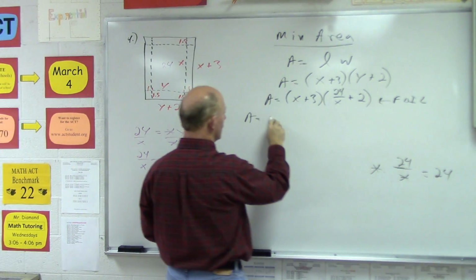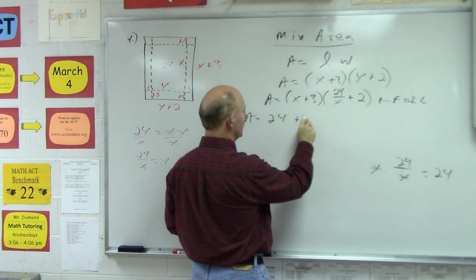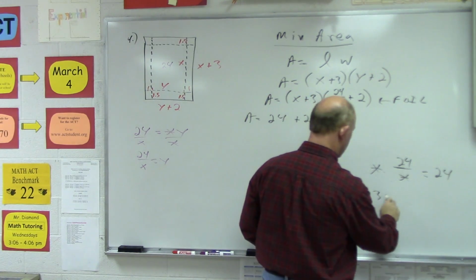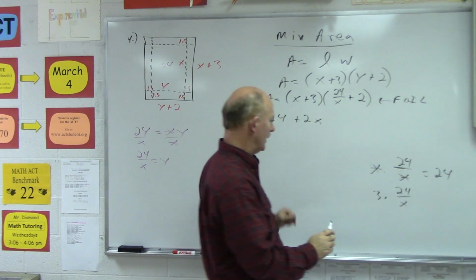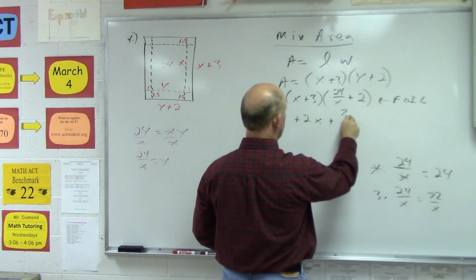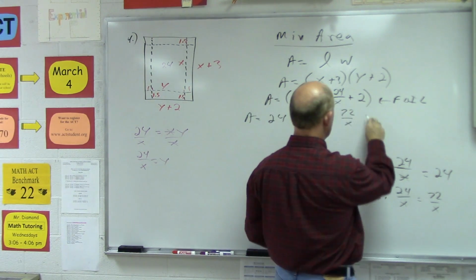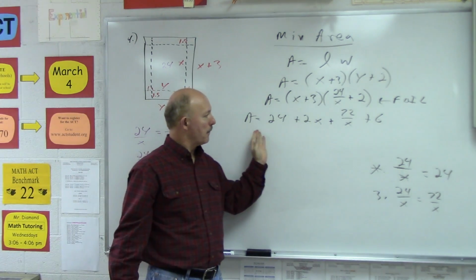So multiplying the first terms is just 24. x times 2 gives you 2x. 3 times 24 over x gives us 72 over x, so it'd be plus 72 over x. And then multiply the last terms. 3 times 2 gives us 6.